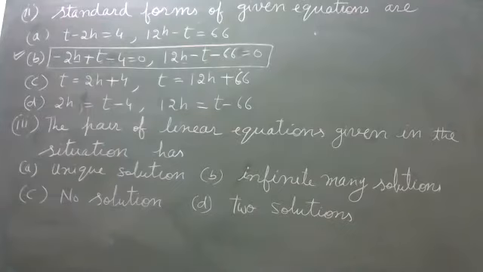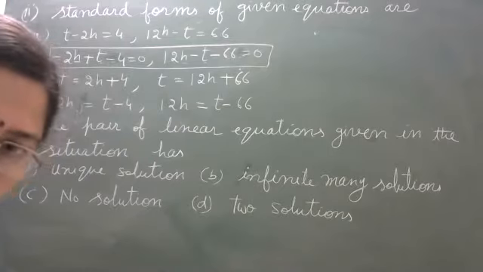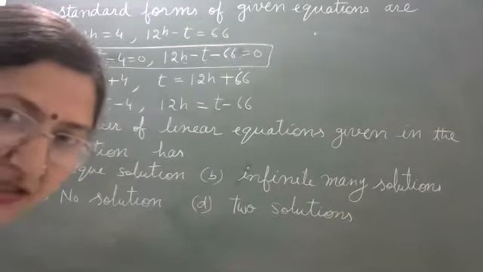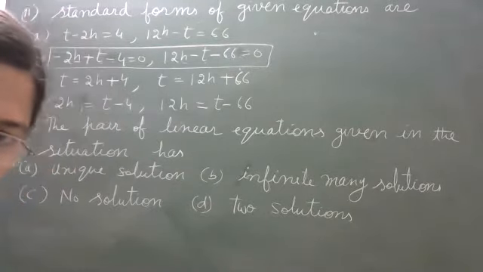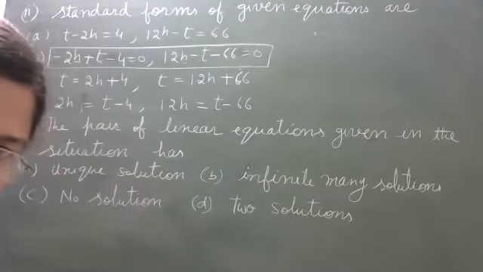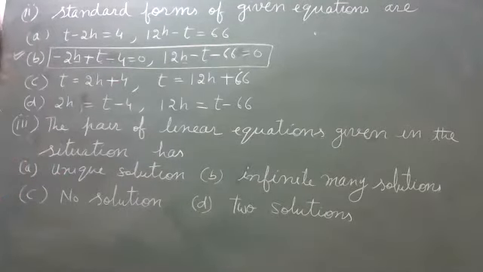So again, you can write your answer in the chat box. Okay, so many students have written answers. तो आपको जो pair of linear equation given है, there it is mentioned there is one point of intersection. ठीक है?